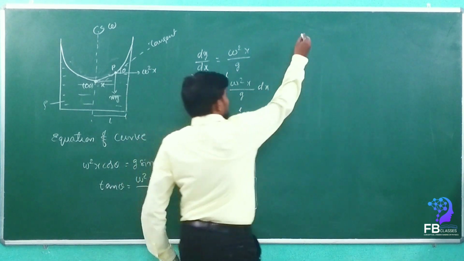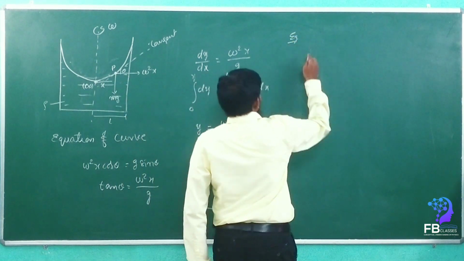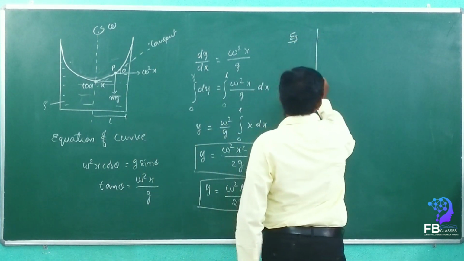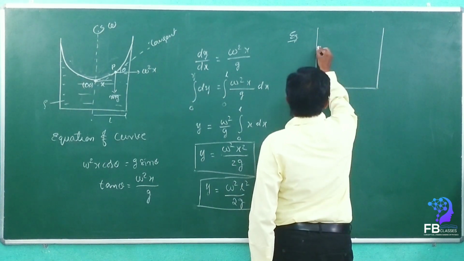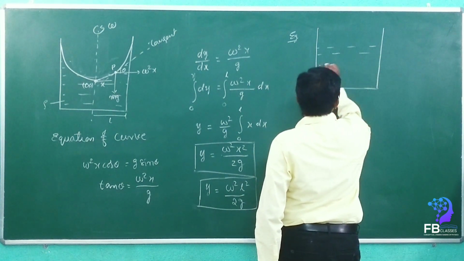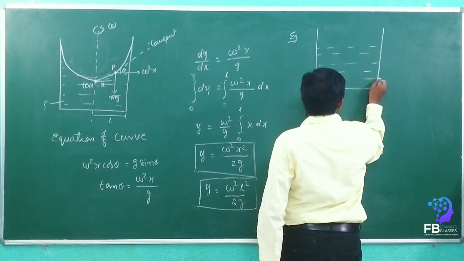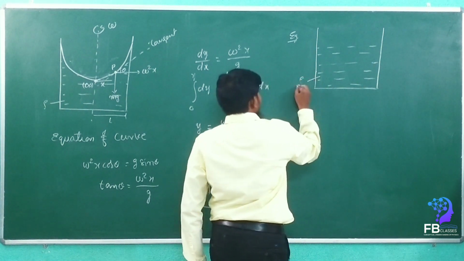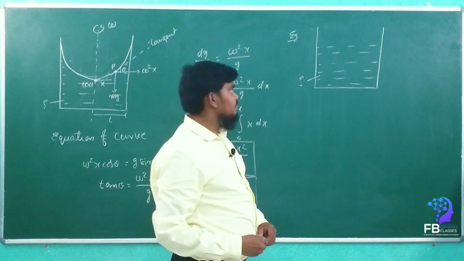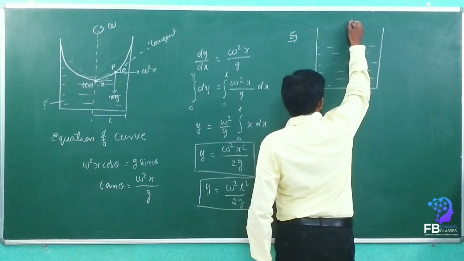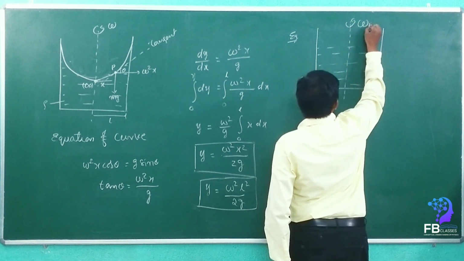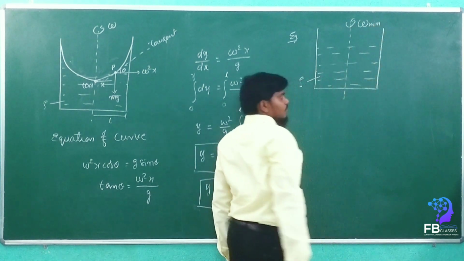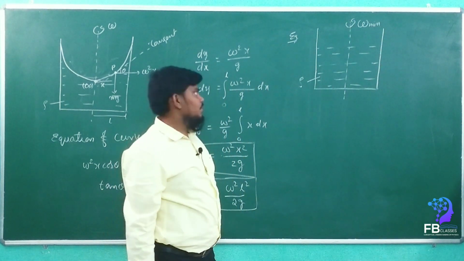Okay, we can take one example. It is given, there is a container. In this container water is there, whose density is rho. He asks what is the minimum value of omega, omega minimum.